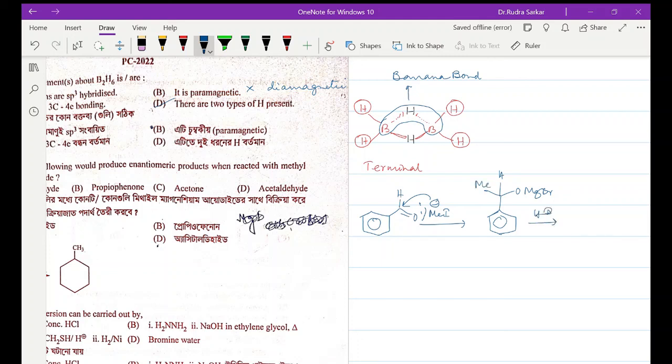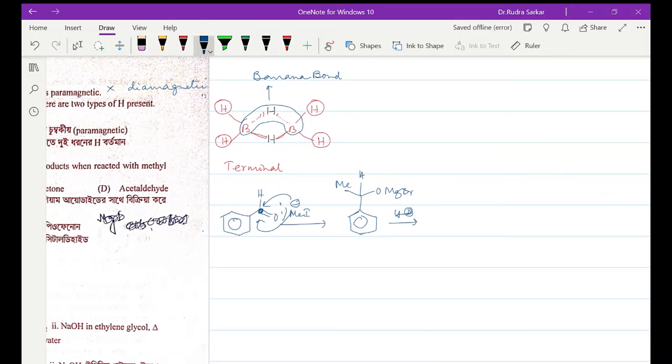So after acidic workup, this is an sp2 carbon, right? Attack can take place from top and from bottom. And if there is a generation of a chiral center, then it will lead to the formation of optical isomers. So for this one, both plus and minus will be formed, okay?